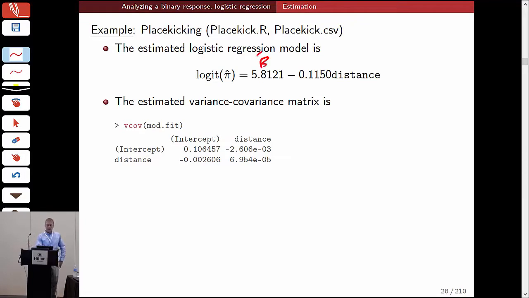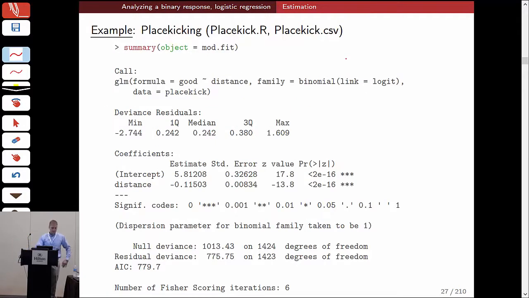Here's my beta hat 0. Here's my beta hat 1. Sorry for my poor handwriting. So logit of pi hat is equal to 5.81 minus 0.115 times distance. Notice that that is a negative coefficient on distance. So as distance increases, the probability of success goes down, as you would expect. We'll see some nice plots of that later.